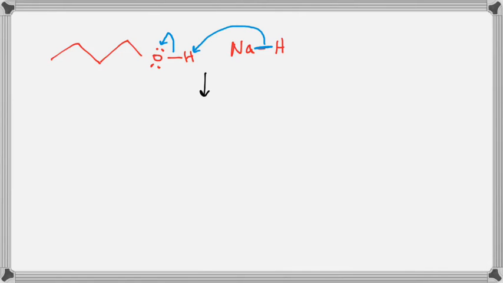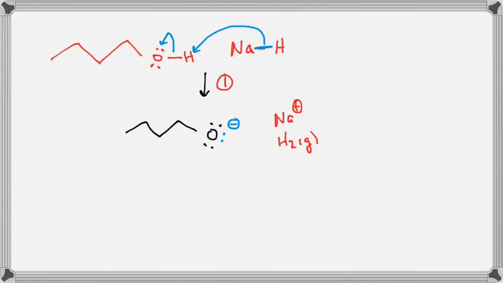The result is that we get our oxygen now with an extra pair of electrons, which I'll go ahead and show in blue, and we would get our sodium ion and hydrogen gas. So this would all be step 1 of our reaction.